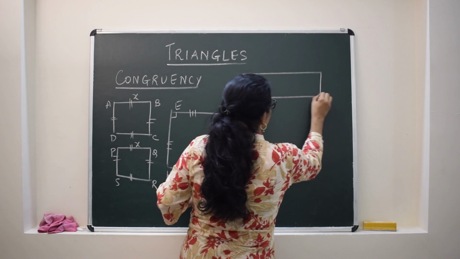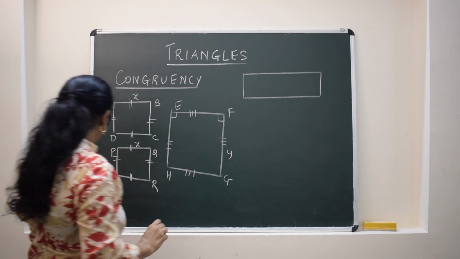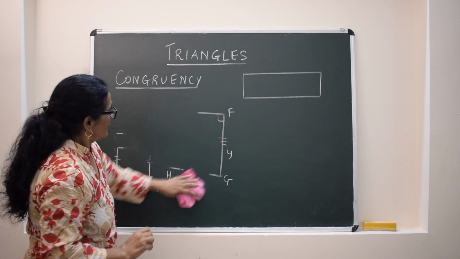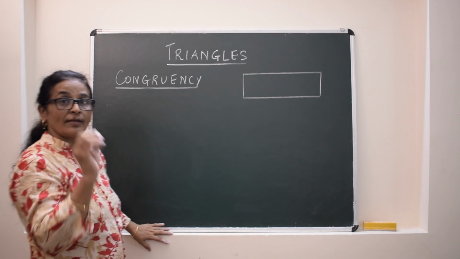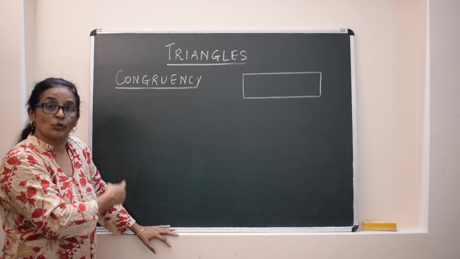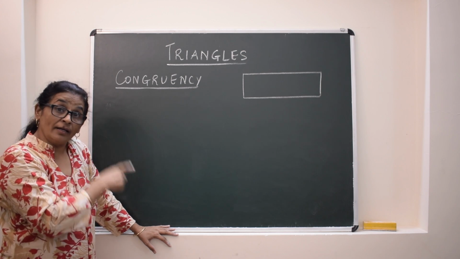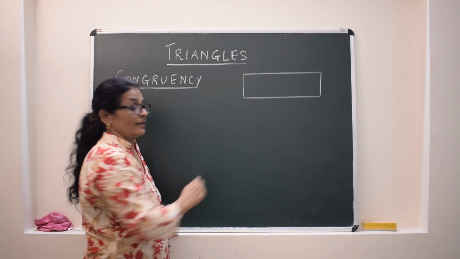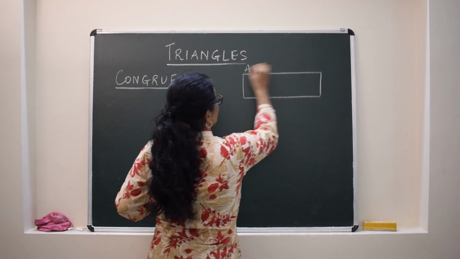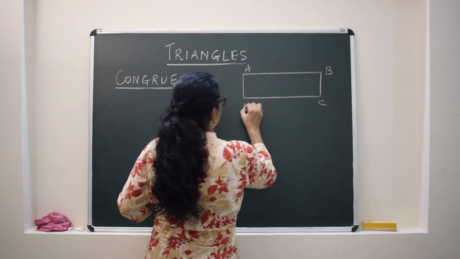So similarly, next is interesting. If I say there is a rectangle, there are two concepts. First we will discuss the dimensions and then area. What we saw, the squares were congruent and so their areas will be equal. Now if we discuss the rectangle, this is one rectangle, its name is ABCD.